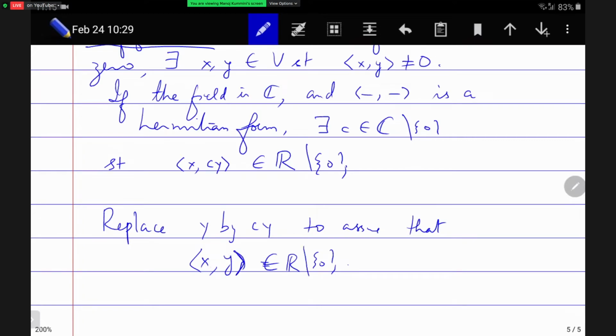So all that we are saying is, of course, we don't need to do this step if you're already working with real symmetric forms.